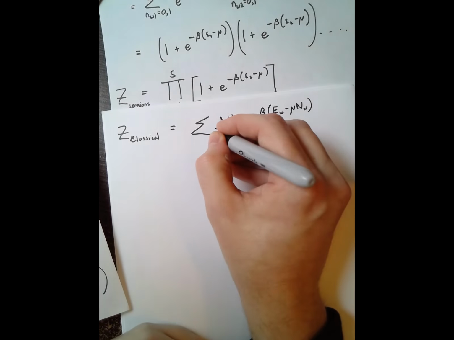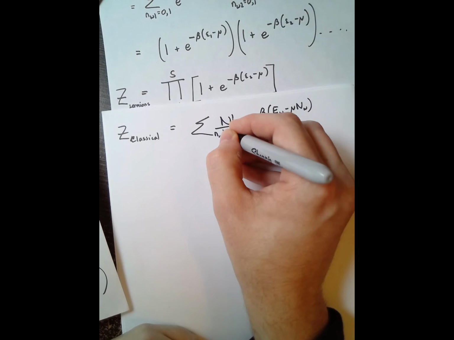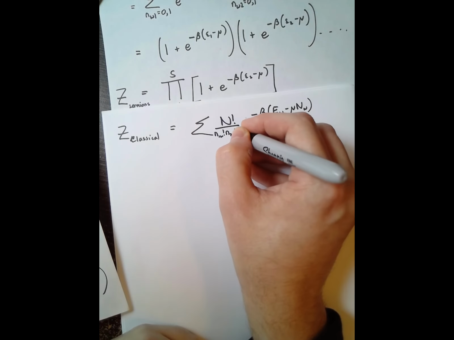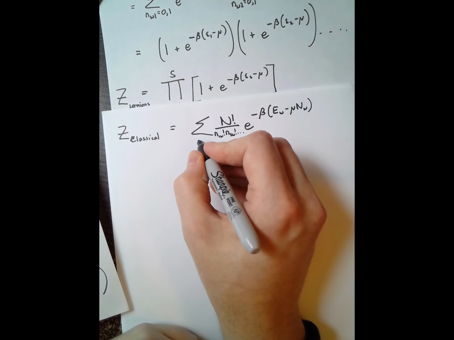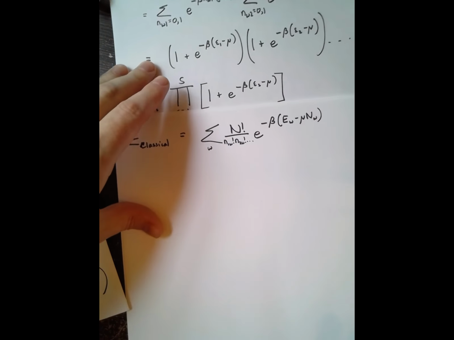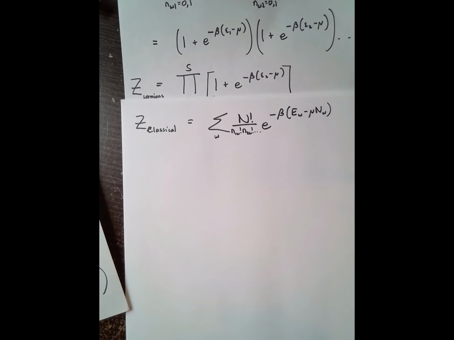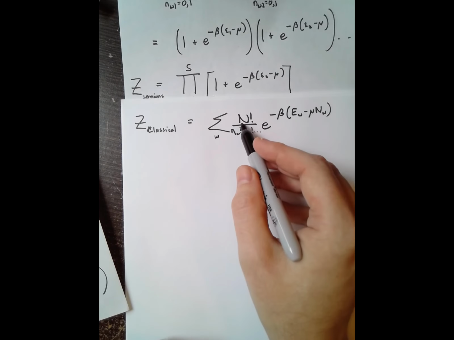So this is n1w factorial, n2w factorial, and so on. And this is the sum over w. Okay, so this is the only difference.